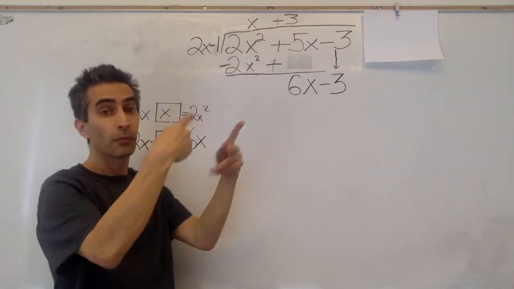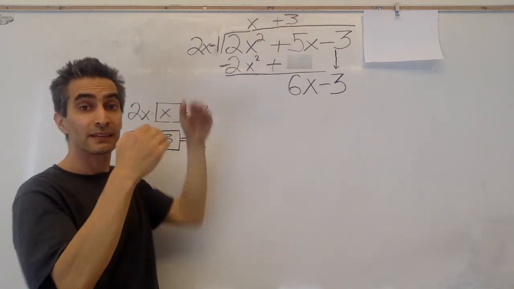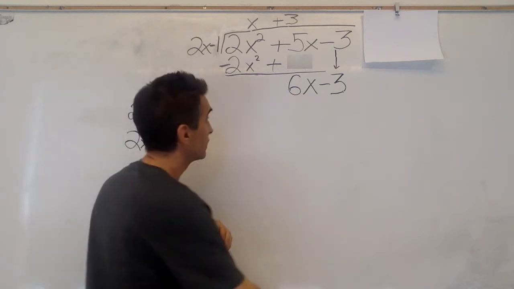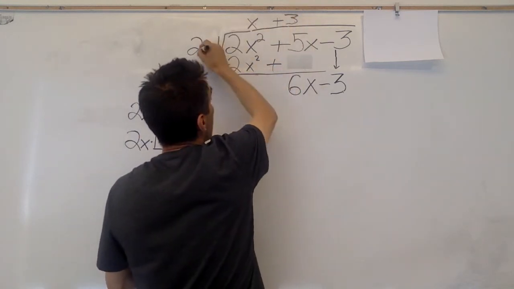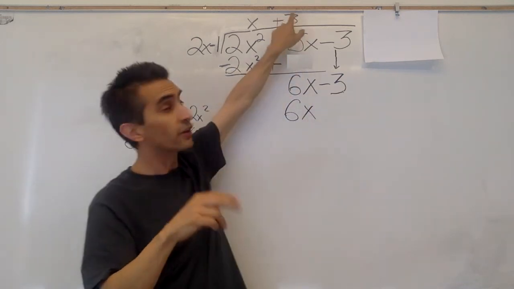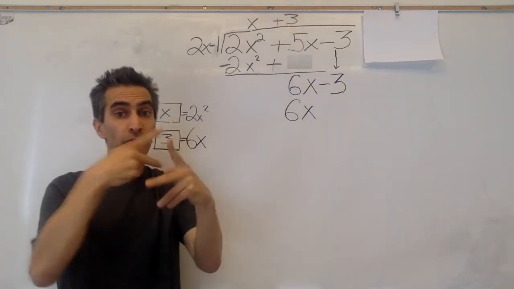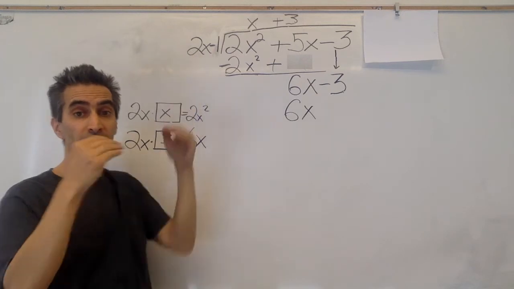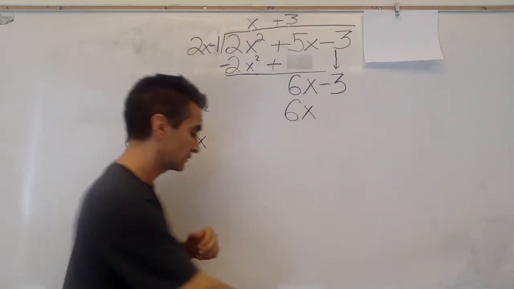I've got a 3, and I multiply it with 2x to get 6x.